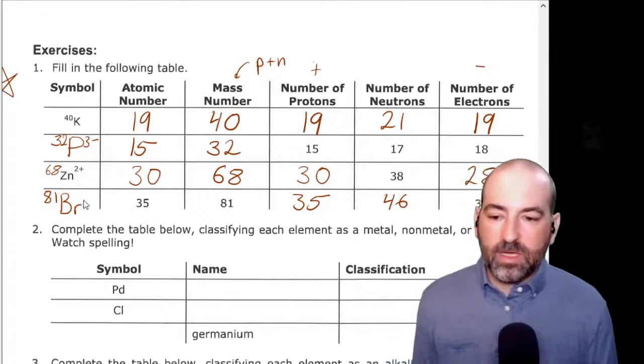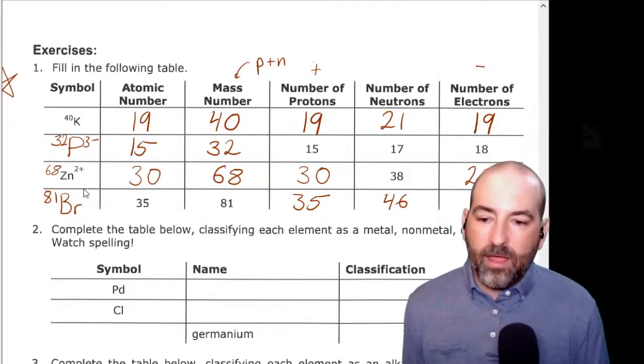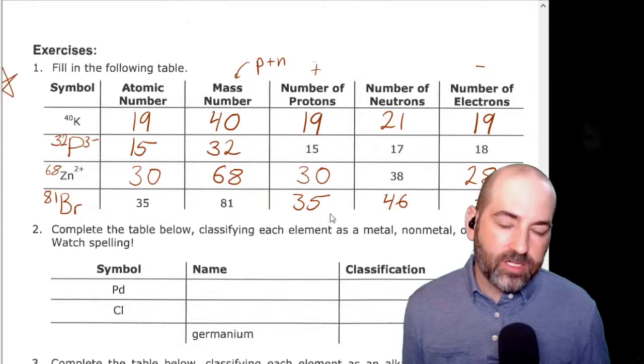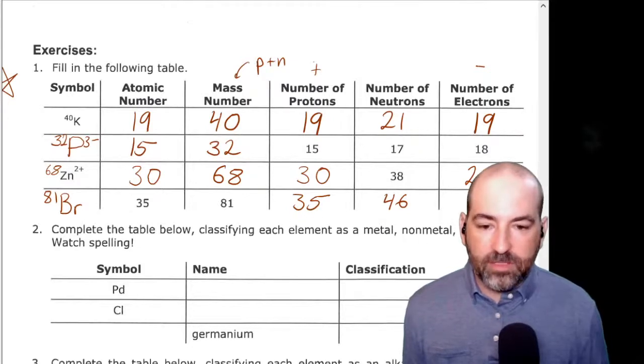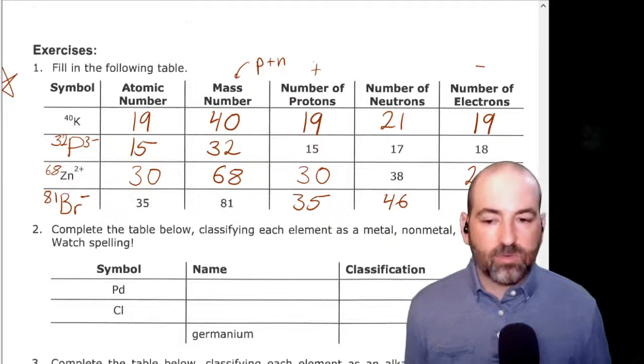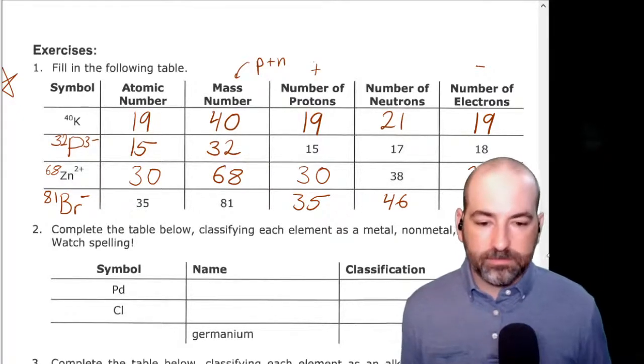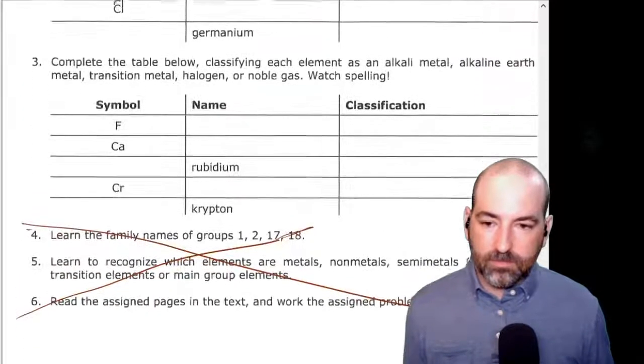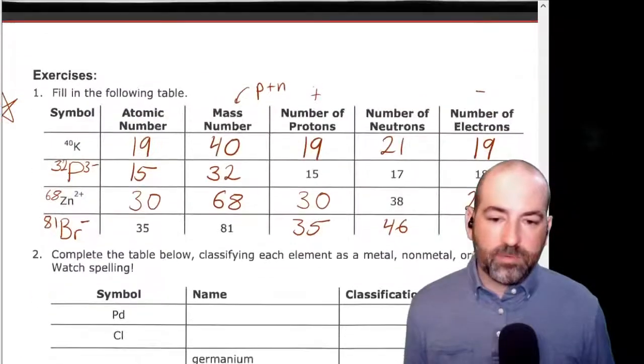And that's going to be bromine 81, the mass number. And then our last step is to add that charge, if there is one. We've got 35 protons, 36 electrons, so that makes a -1 charge on the bromine. All right, and the rest of these are pretty simple to look up.